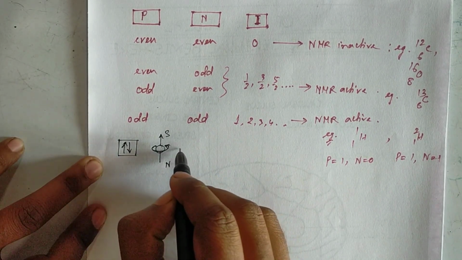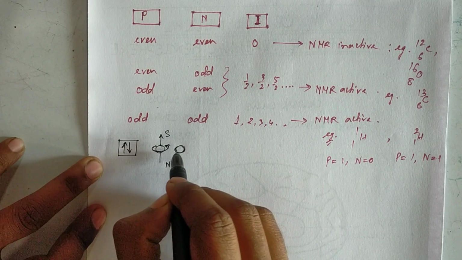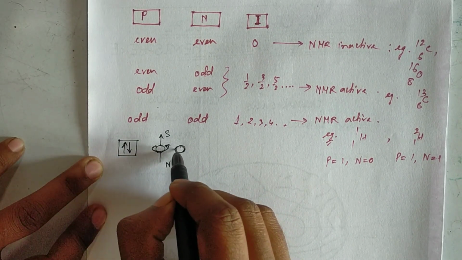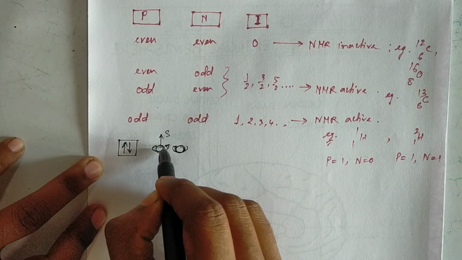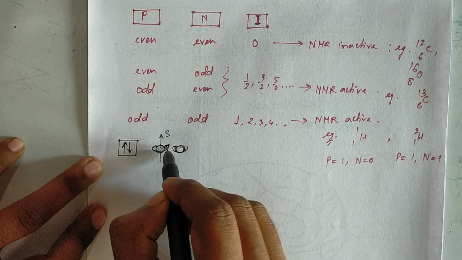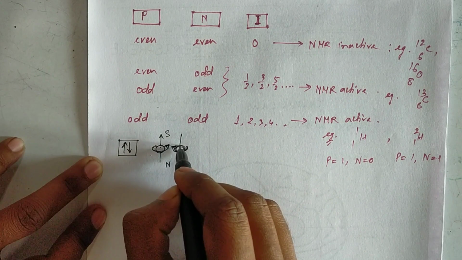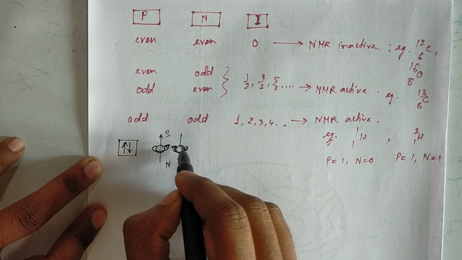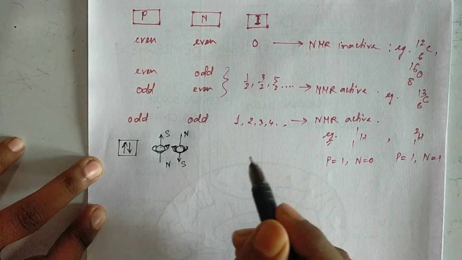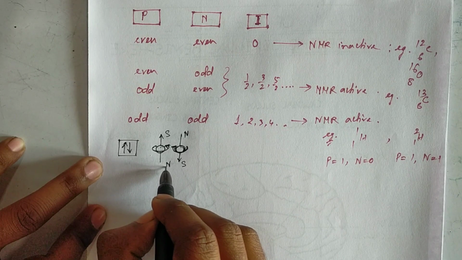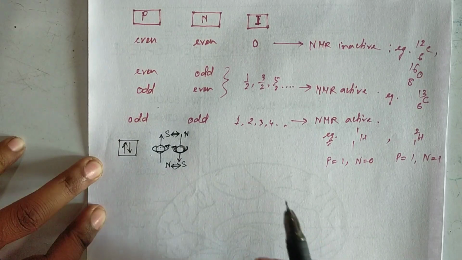Again, if there are electrons close to each other, then the other should spin in the opposite direction. If this is spinning in clockwise direction, it should spin in anti-clockwise direction. Then only the dipole of this electron will be south pole here and north pole here, and then this north pole and this south pole will attract each other.